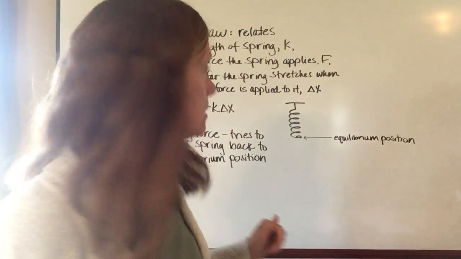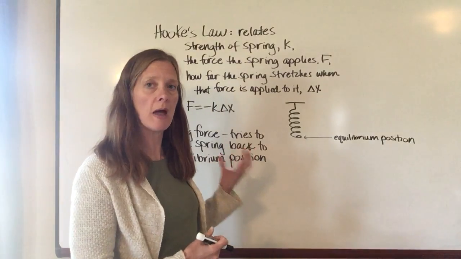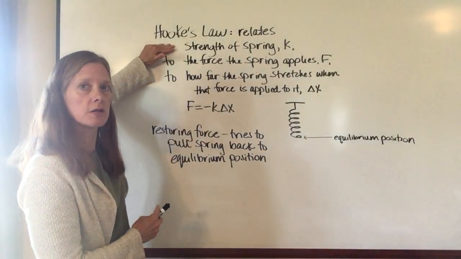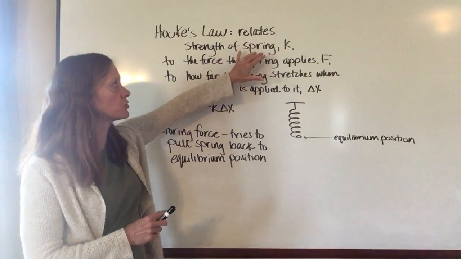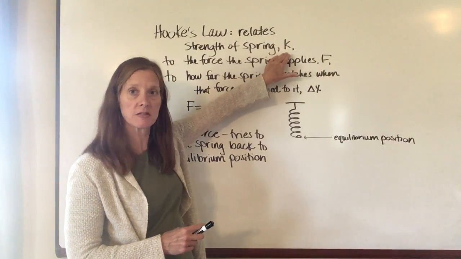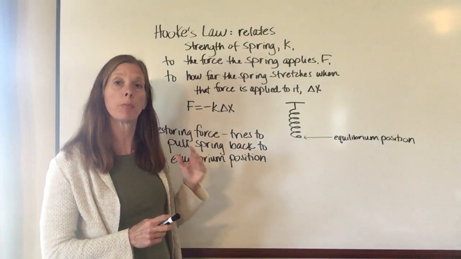In this specific type of periodic motion where you have a spring, Hooke's law relates how strong the spring is, a strength represented by a constant K, to the force that the spring applies.